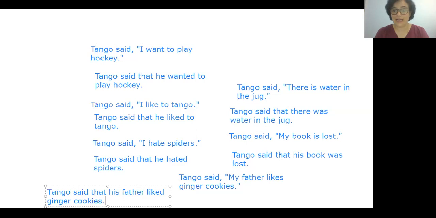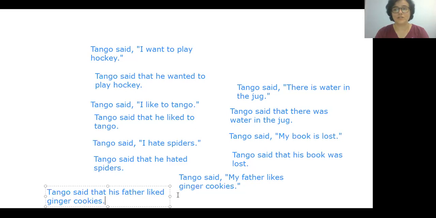Tango said that his book was lost. So we changed the pronoun, we added that, and we changed the verb. Right? Next one. Tango said, "My father likes ginger cookies." Tango said that his father liked ginger cookies. Three words different: that, his, and liked.